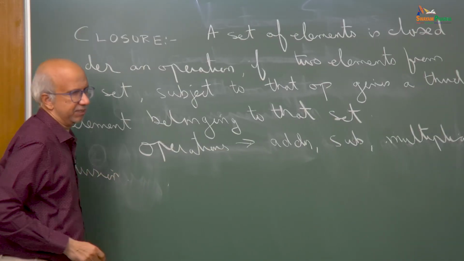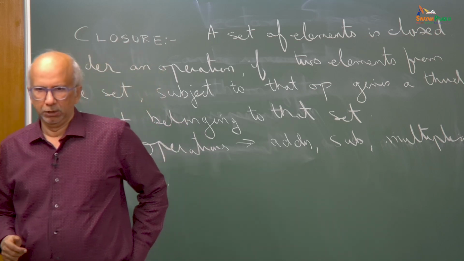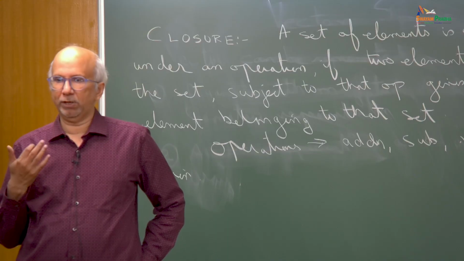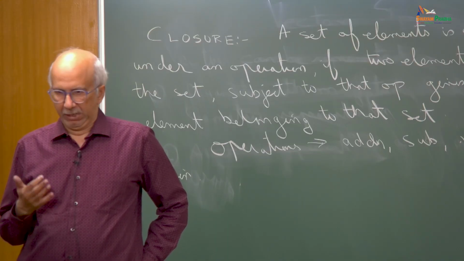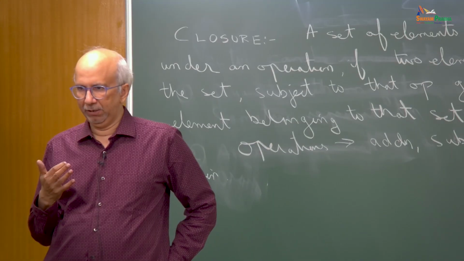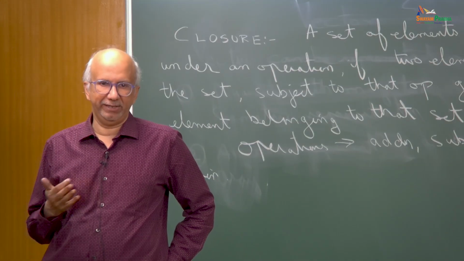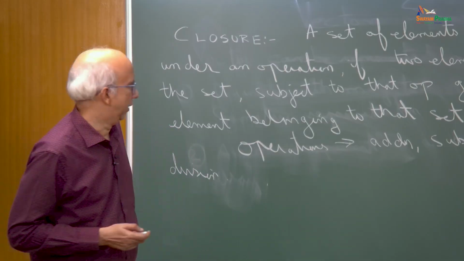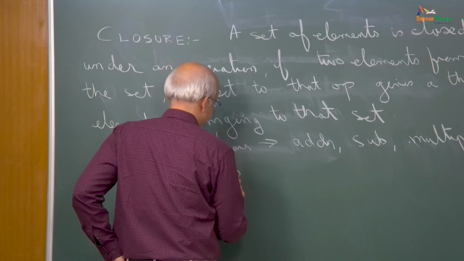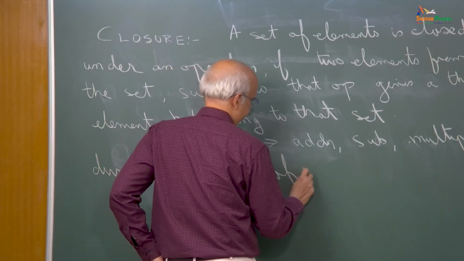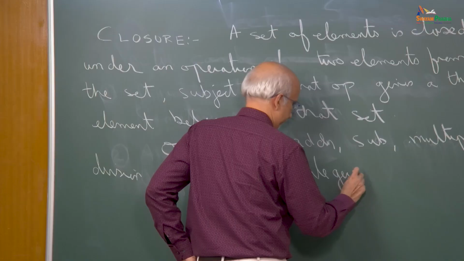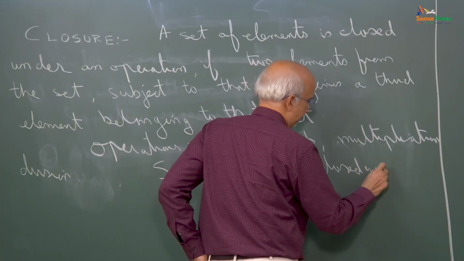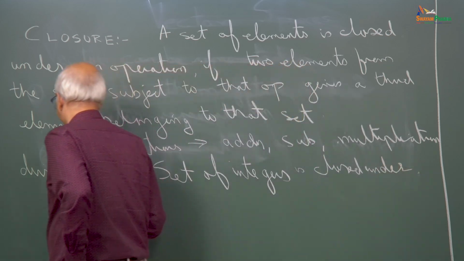These are 4 operations that we normally talk about. So basically, if I look at the set of integers and I look at the operation of addition, if I add 2 integers, I will get another integer. So the set of integers is closed under addition.